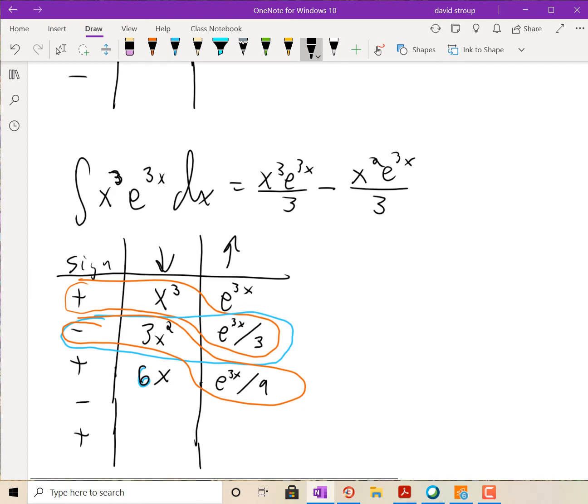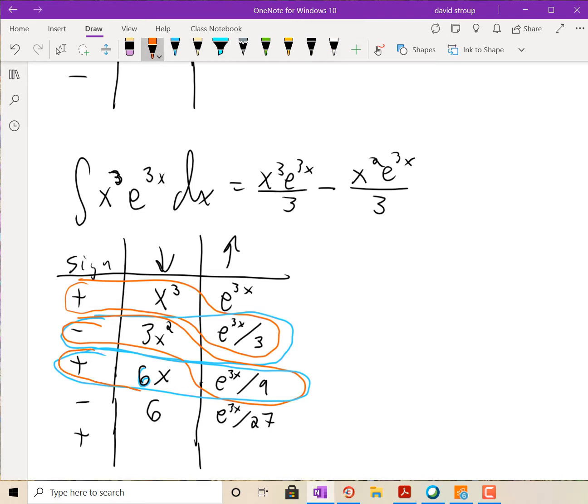Okay. And then I ask myself if I can integrate this row. And no, I can't. So I go down to the next row. We'll have the derivative now 6. This will be e to the 3x over 27. And immediately write down the diagonal part here.